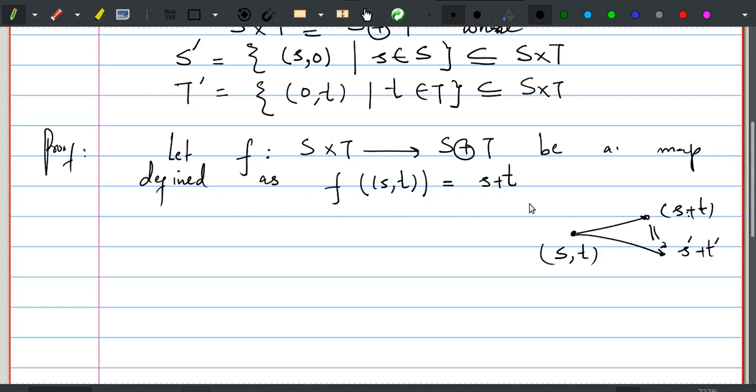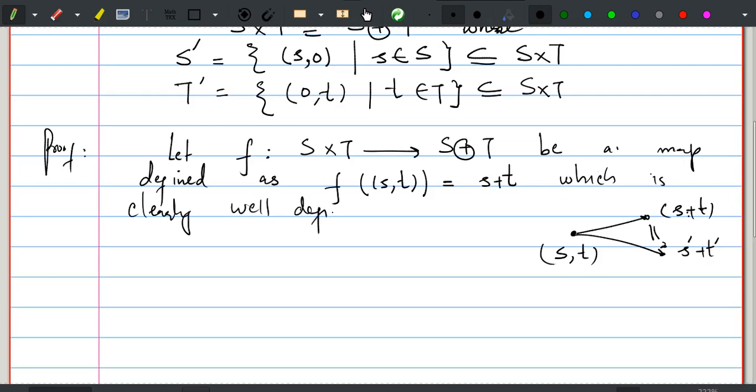So this map is well defined because of the uniqueness hypothesis.